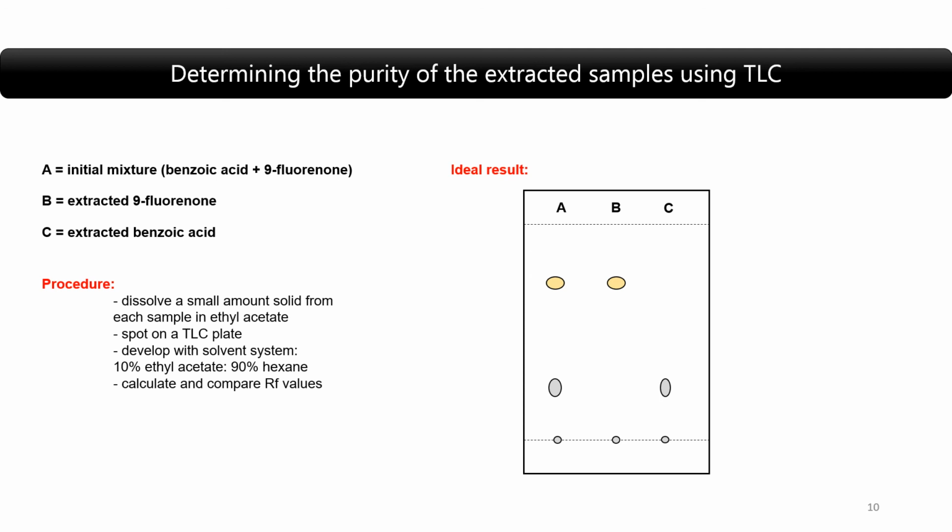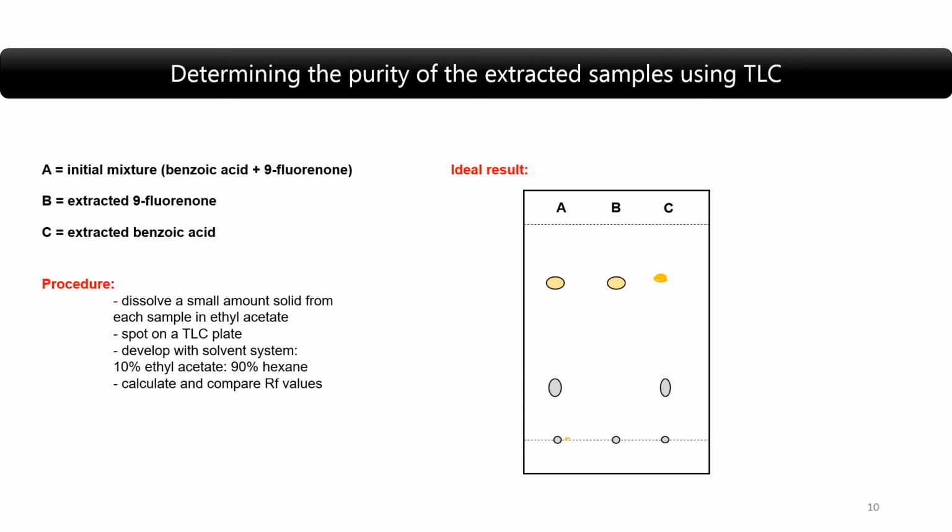And the alternate result would be that you would have some contamination in each of these samples. Usually it's the aqueous layer extraction that gets a little bit contaminated with some 9-fluorenone, because when we draw out the aqueous layer, it is sometimes difficult to avoid drawing out some of the organic layer as well.